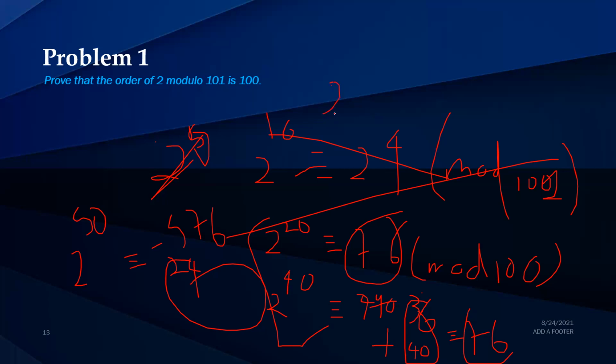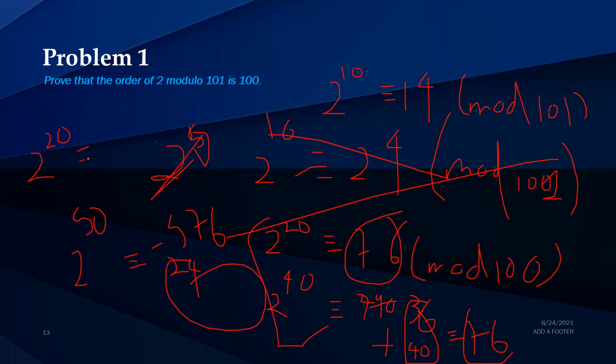2 raised to 10 is congruent to 1024, which mod 101 is 14. Now we'll square it. Let's do some basics.